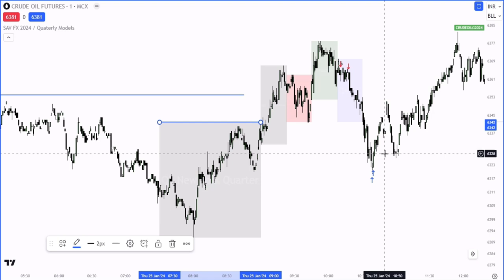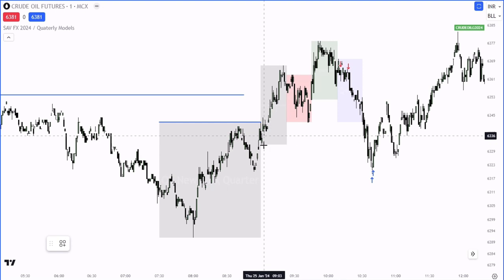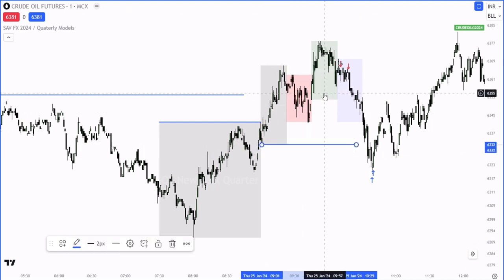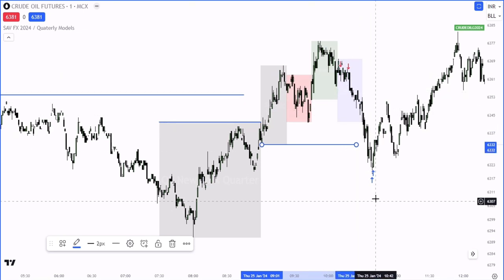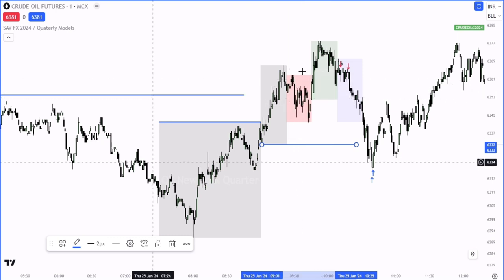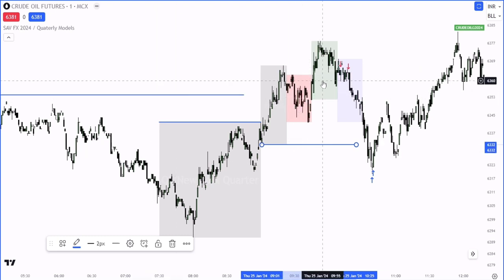Because the thing is, if price fails to distribute lower, reaching the Q1 low within Q3, that's how we anticipate Q4 being a continuation or the initial distribution lower. So in simple terms, Q2 would be disregarded in this range, and Q3 is simply behaving as the true manipulation and the distribution.